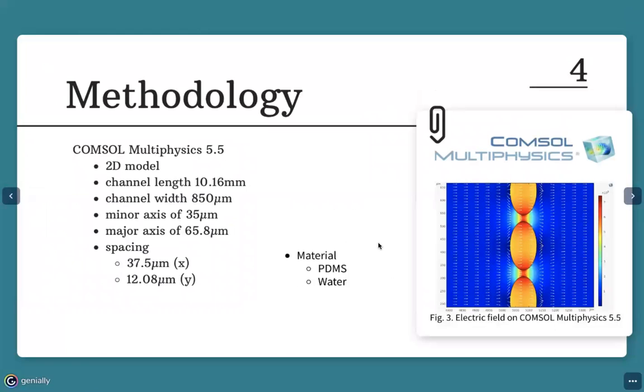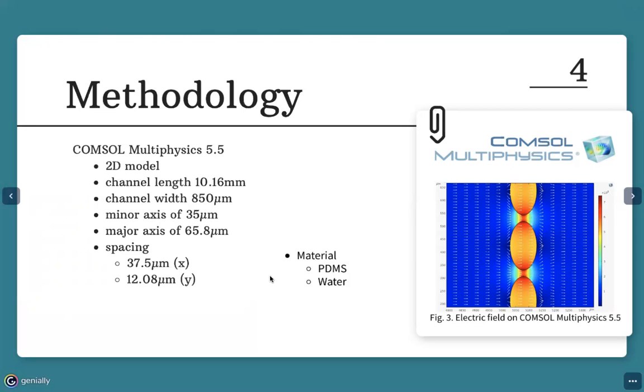In order to replicate and improve the model, we used the software COMSOL Multiphysics 5.5 to create a two-dimensional model with two channels, using a channel length of 10.16 millimeters and width of 8,050 micrometers. One channel has one column and the other has three columns, both with 6 insulating posts each.